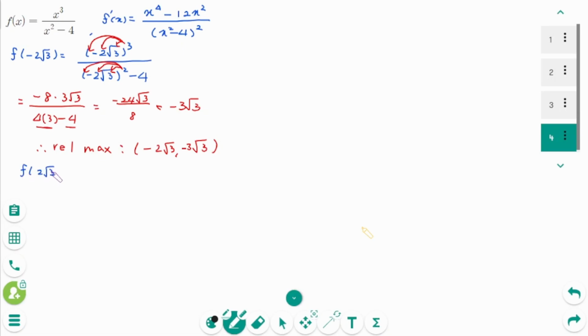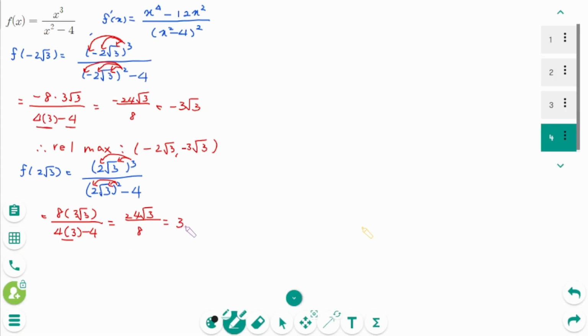F of 2 square root of 3 equals 2 square root of 3 cubed over 2 square root of 3 squared minus 4, equals 2 cubed is 8 times square root of 3 cubed is 3 square root of 3 over 4 times 3 minus 4, 24 square root of 3 over 12 minus 4, which is 8, then 3 square root of 3.